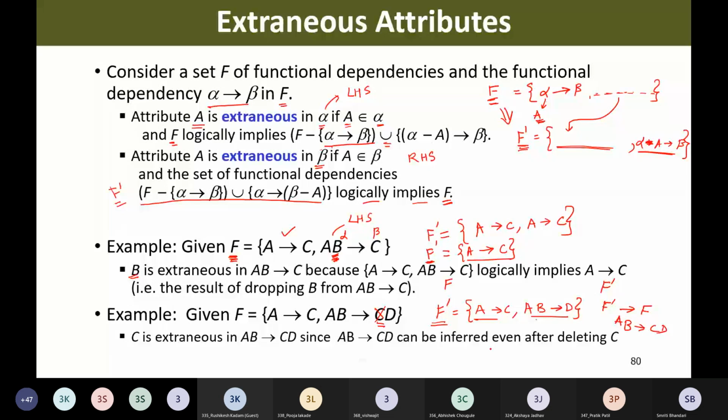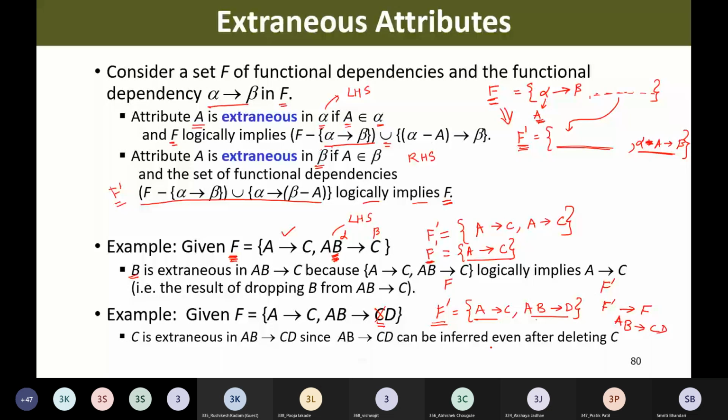By making use of these two, can we come up with this dependency AB to CD? Use Armstrong's axioms and check it out. How can we do that? It is very simple.